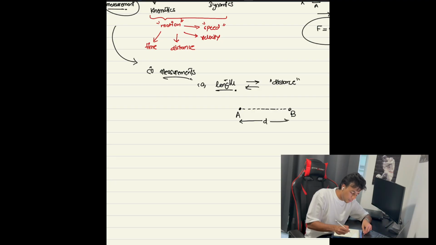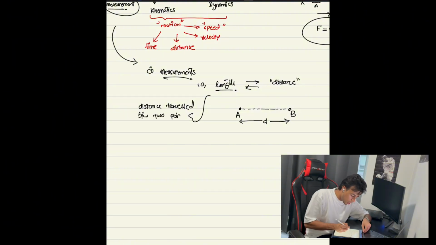That distance is basically called length. So what is length or what is distance? To give you a definition, length is basically distance traveled between two points in a story.